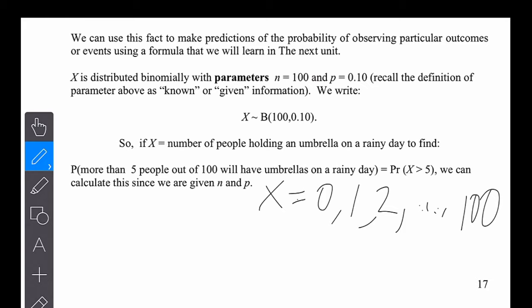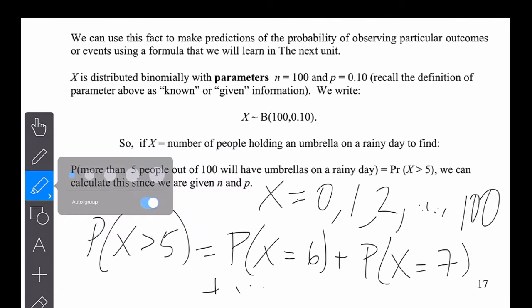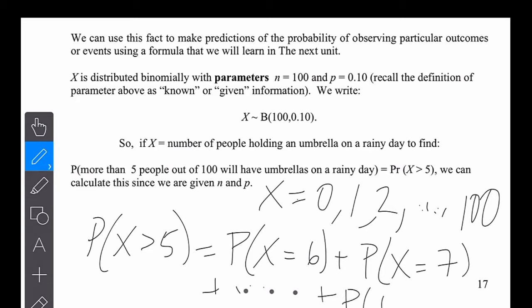What's the probability that more than 5 have an umbrella? You could calculate probability x equals 6 plus probability x equals 7 plus all the way to the probability x equals 100.